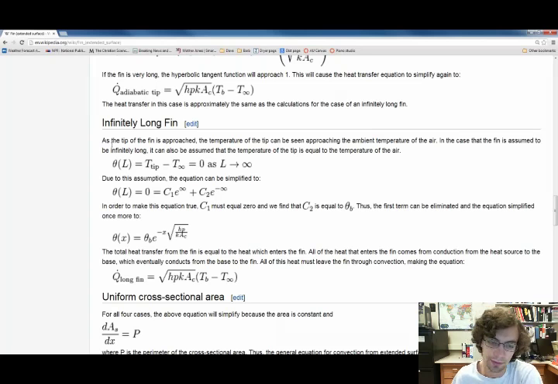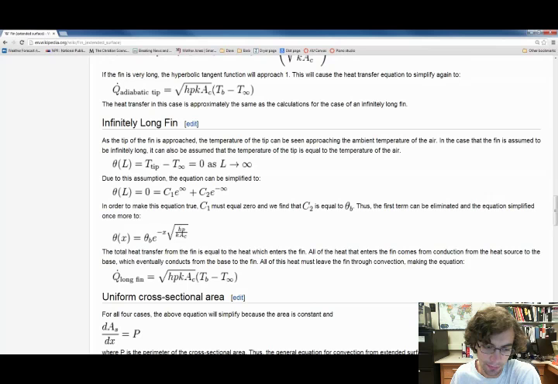And what this means is that you can say that the temperature at the end of the cooling fin is always equal to the ambient temperature. So this simplifies the equation, and it acts as a boundary condition for you to solve the differential equation.